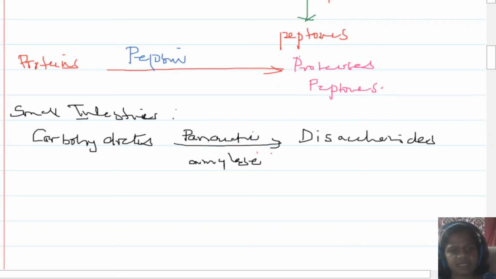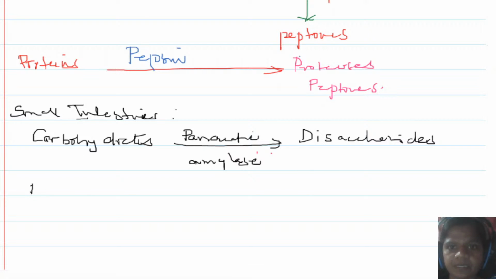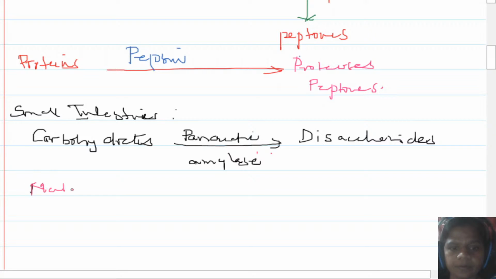So what are the different disaccharides that we come across here? We've also seen that in the buccal cavity, starch is converted to a disaccharide, maltose. So the disaccharides we come across are maltose, sucrose, and lactose.